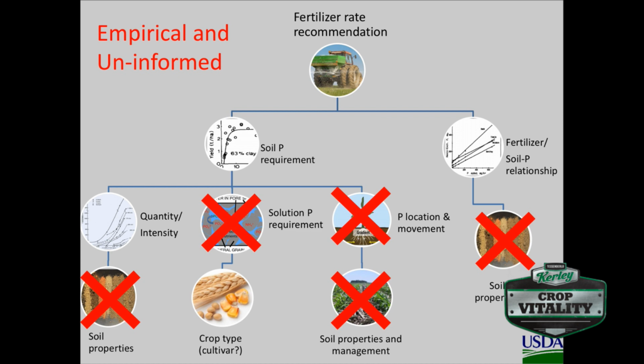And we sort of consider solution external P requirement, somewhat indirectly, but not really. So this is what our current approach to soil phosphorus testing looks like compared to the ideal. So it's okay, but it's empirical and it's somewhat uninformed, and we can do better with it.